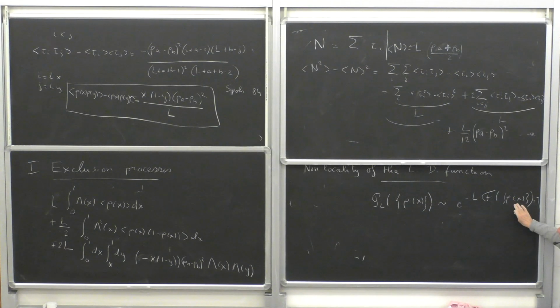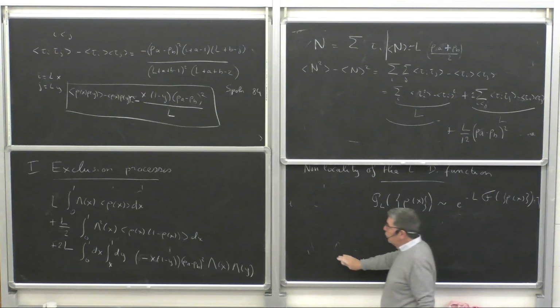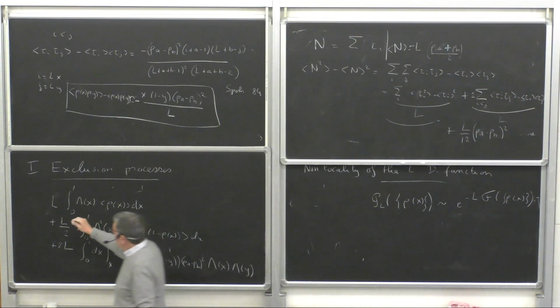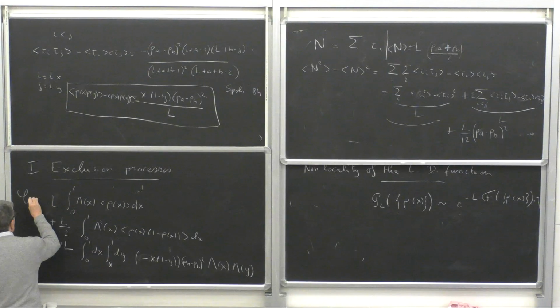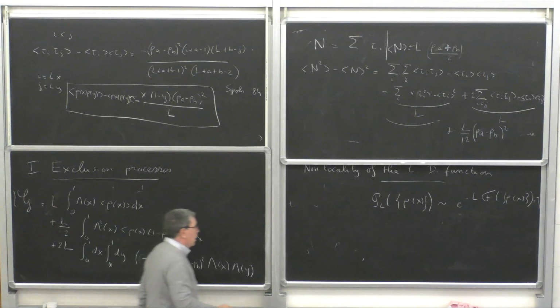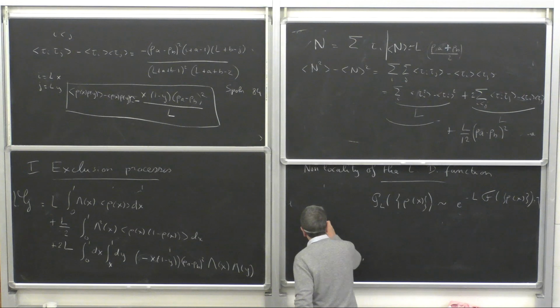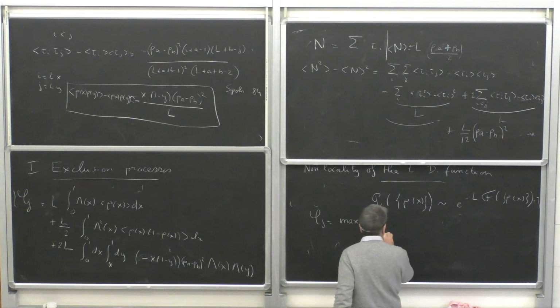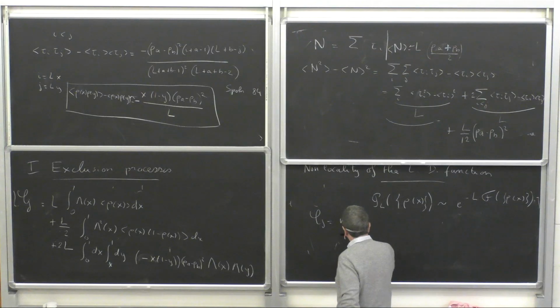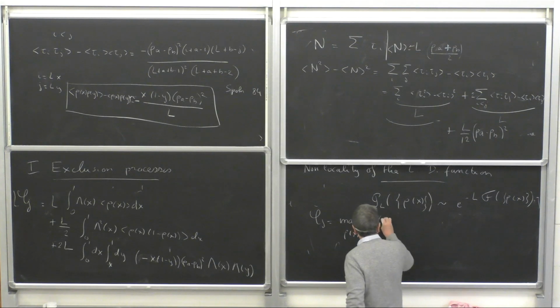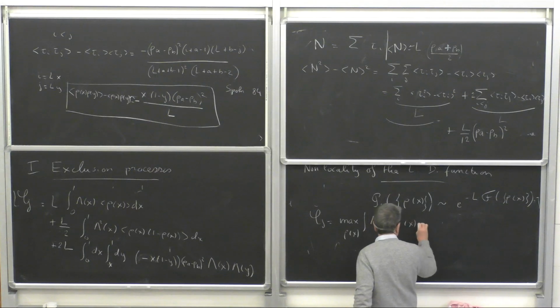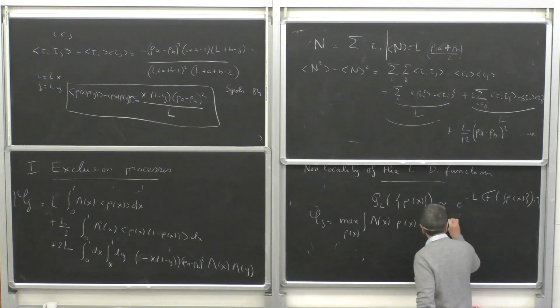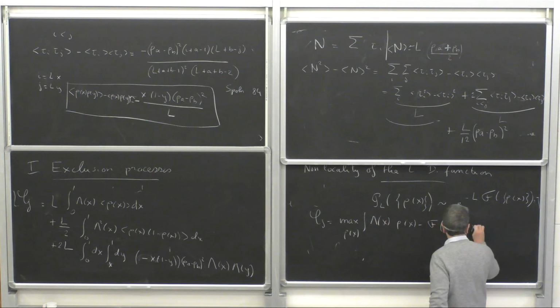If this is local, the relation between this quantity G, let me call it G, will be the maximum over rho of x of the integral of lambda of x rho of x, minus F. This is just a Legendre transform.